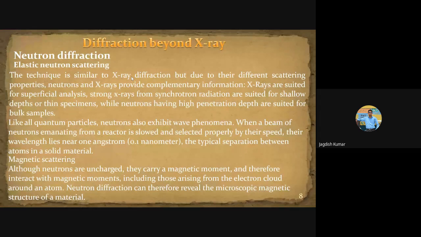If you have to study the phonon spectrum of the crystal, for that also neutron diffraction can be employed, and specifically we have to look for a change in energy of the neutron diffraction pattern. That change in energy can give us the information about how the atoms in the crystal can take energy in the form of atomic vibrations. So that is also a very important aspect of neutron diffraction.